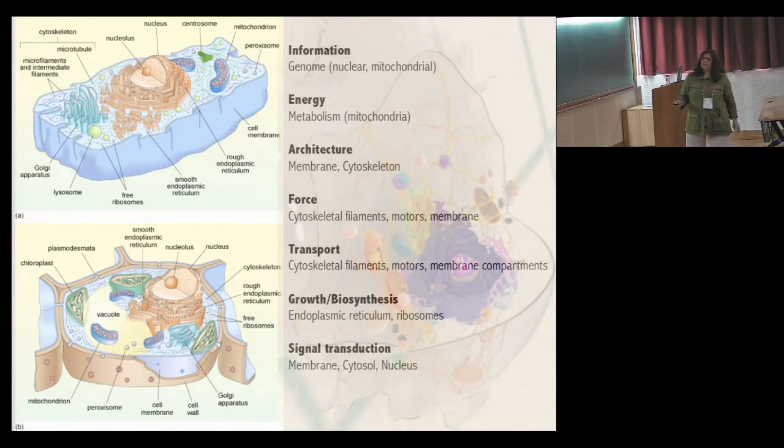So essentially, you can think of this as interactions between the membrane and the cytoskeleton. Transport within the cell, transporting things from one place in the cell to the other, relies on cytoskeletal filaments and motors, and also membrane compartments within the cell.